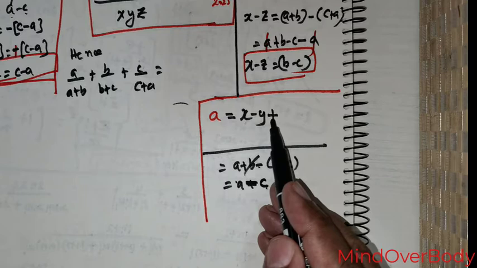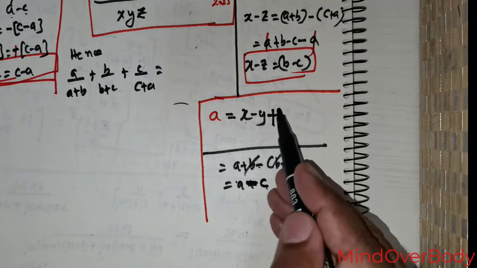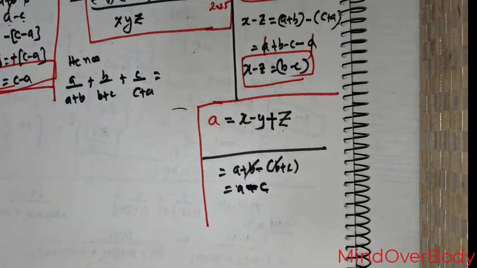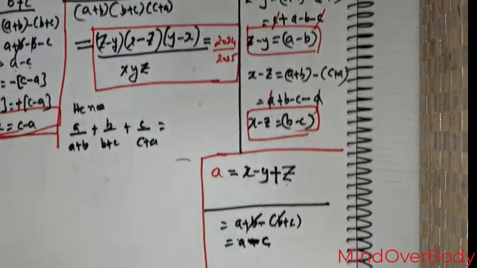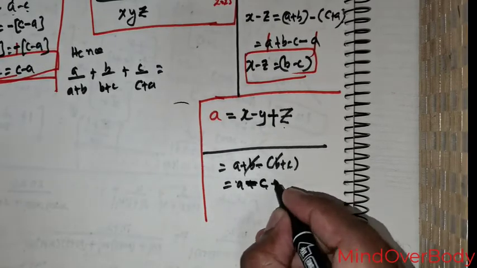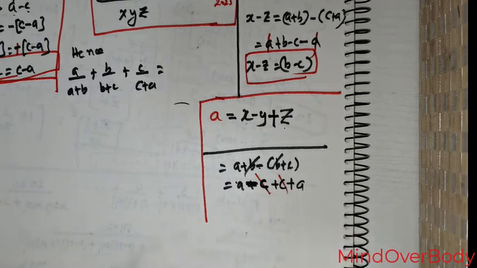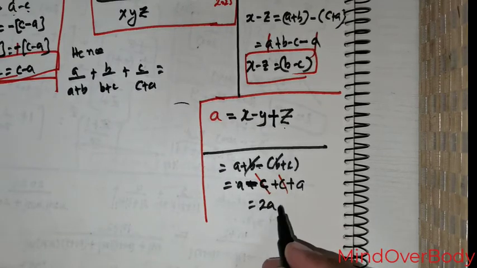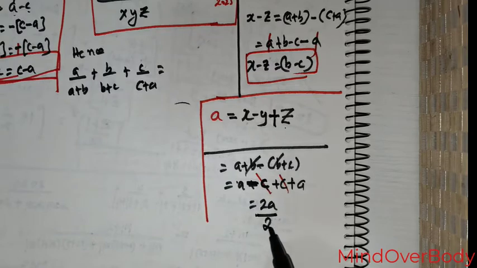Now I was about to use negative, but it shouldn't be negative. It is positive. So I add a Z here. If I were to add a Z, I know that my value of Z is C + A. So this is going to be C + A. Now clearly negative C and positive C go away, giving me 2A. But I wanted only A. So to have that A, I need to divide this entire component by 2.